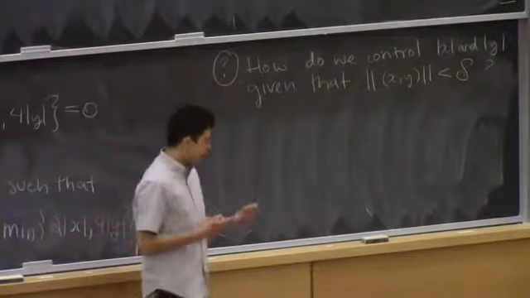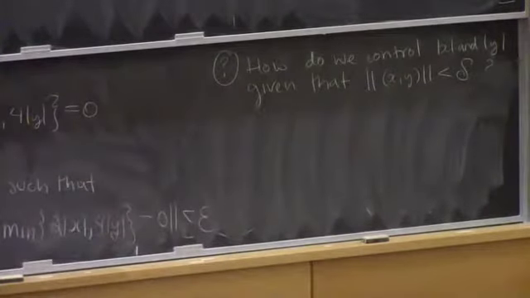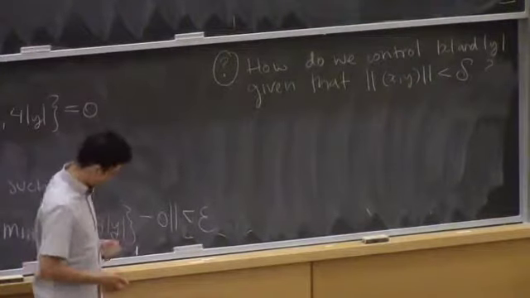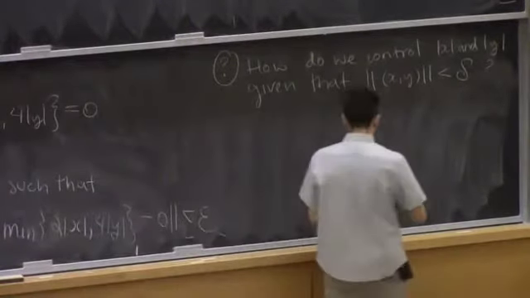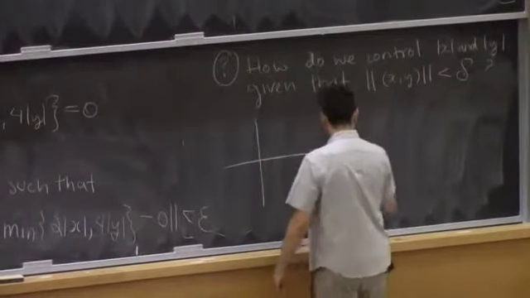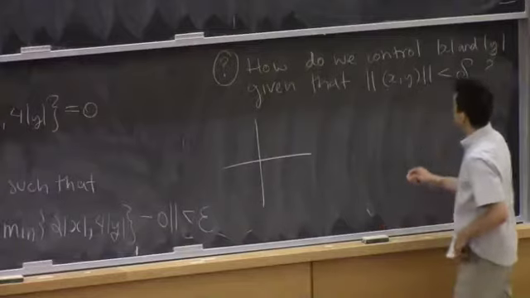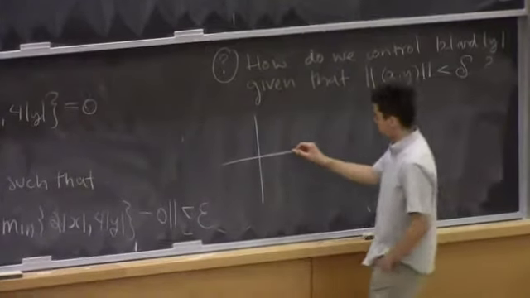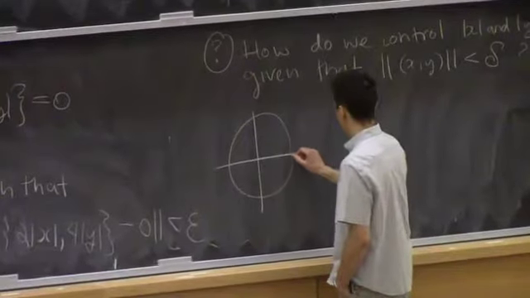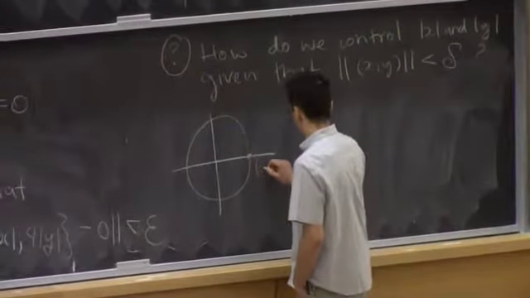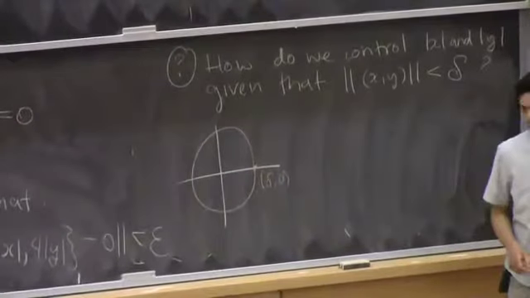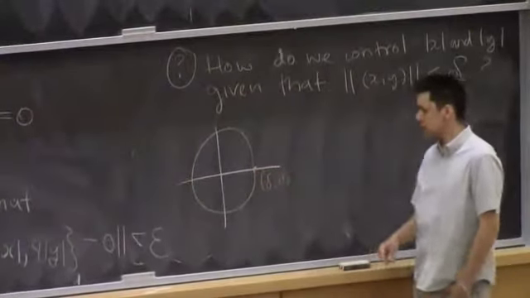So the answer to this is this circle and box argument. Okay. So what's the circle? The circle is the set of points that are less than delta. So in the xy plane, this point here will be delta 0.